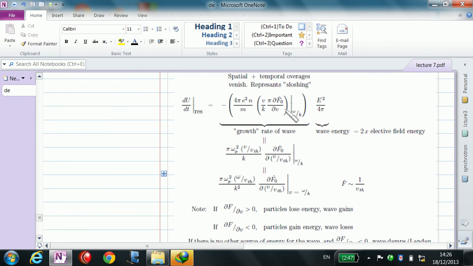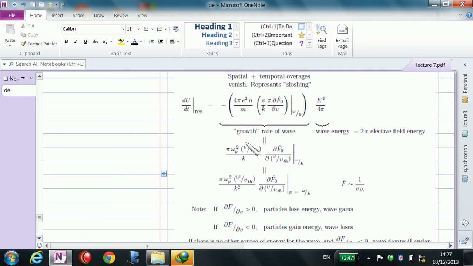This should have units of 1 over time, right? Because this is energy density, and this is plasma frequency squared. So this is not the electric field. This is energy density. Yeah. So this is the plasma frequency.